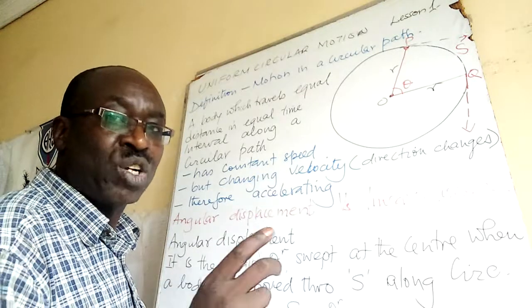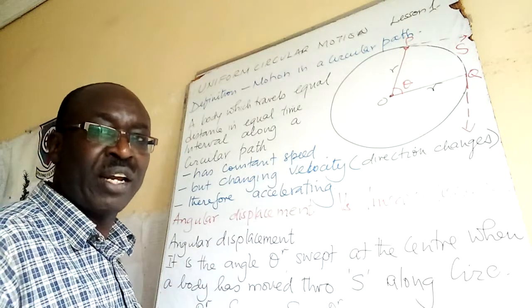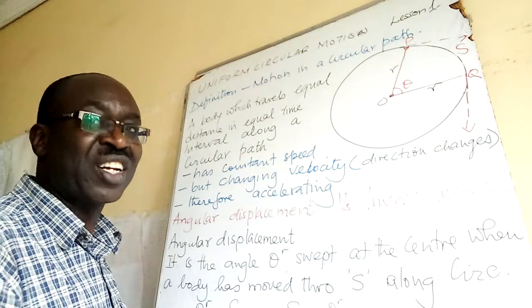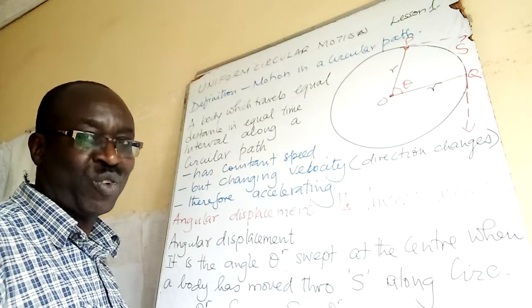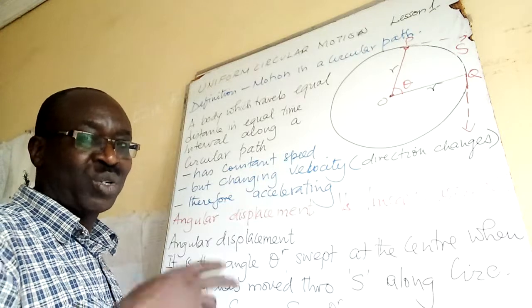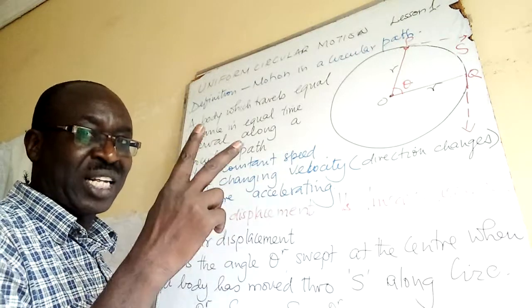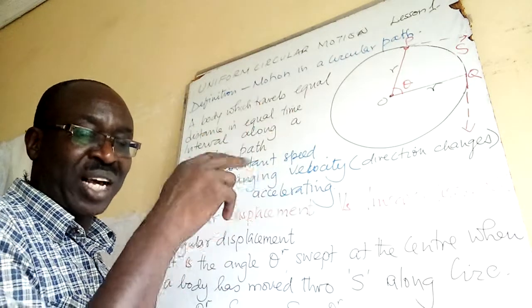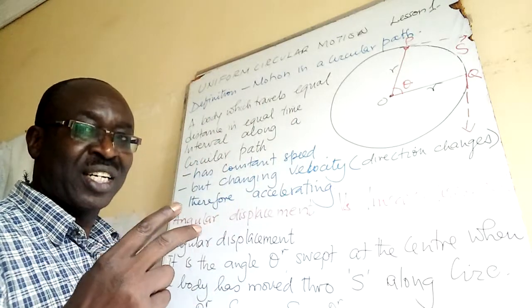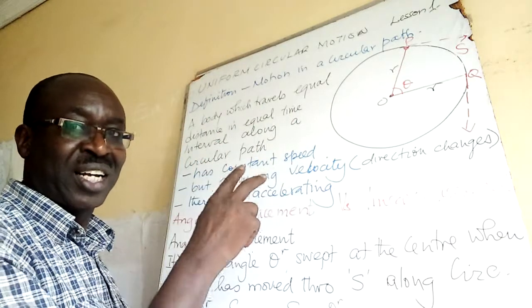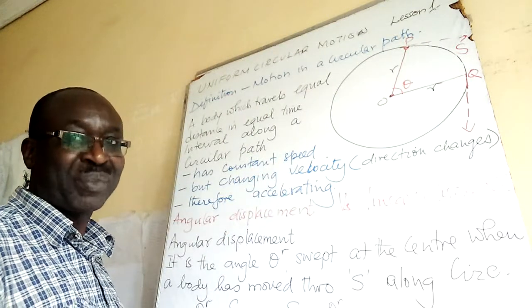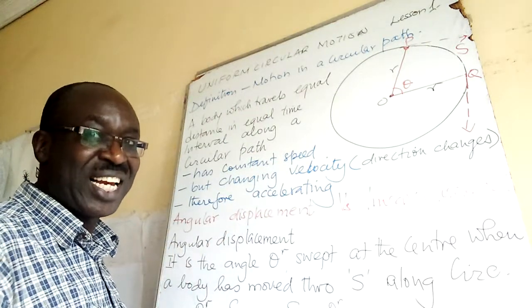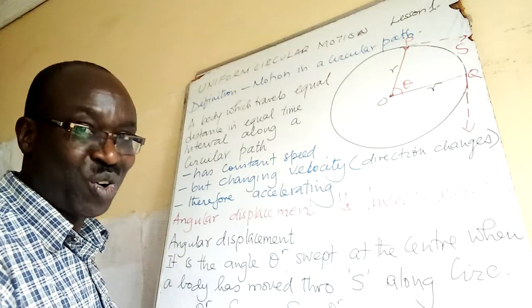So if I cover 20, it will be in 4 seconds, and so on. That's what we say in equal time interval. So 10 is to 2. I add another 10, I add 2. I add another 10, 30, 6. Do you get it? That's what we mean. Equal distance in equal time interval.